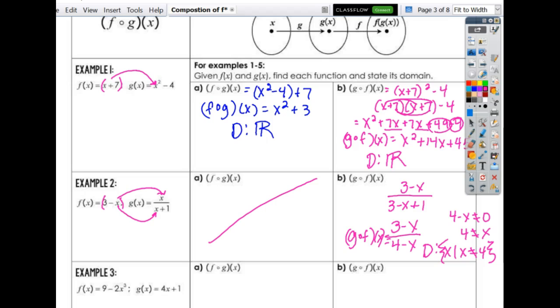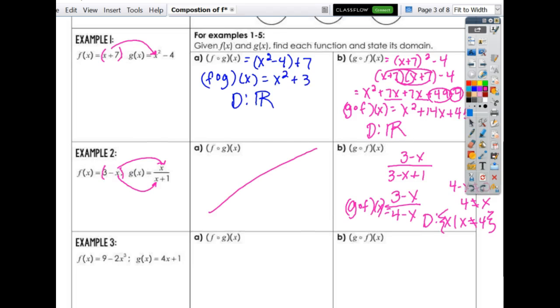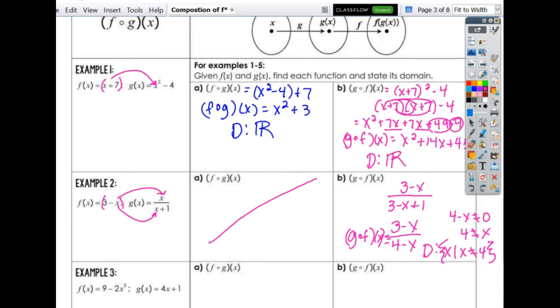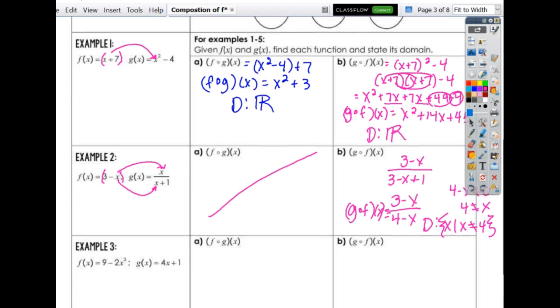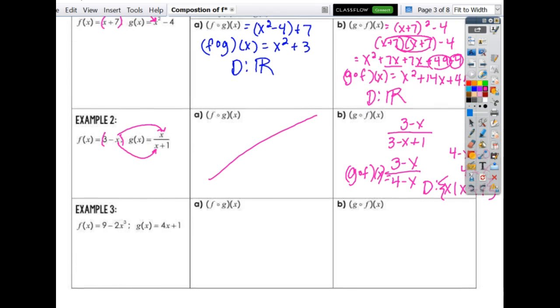So the bottom can't be 0? Yes. So that's why we set it equal to 0, and then we reiterated it. The domain x can't equal 4, because it's a restriction, right? So I have to do this to show the restriction. It's okay to be 0 on top, so just on the bottom. We can't divide by 0. Good questions. Okay.